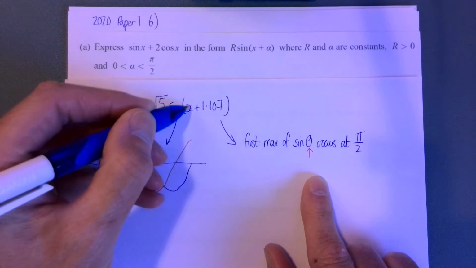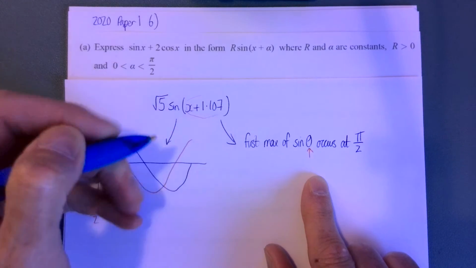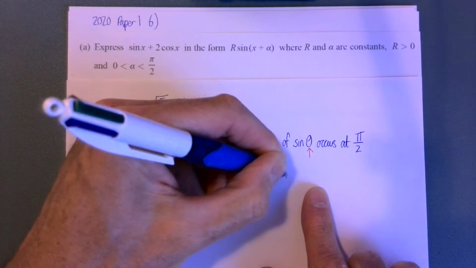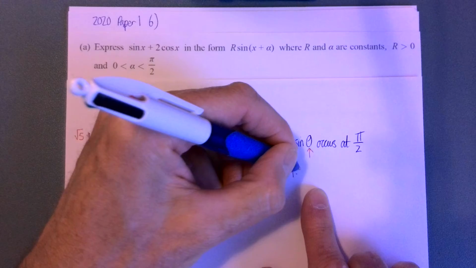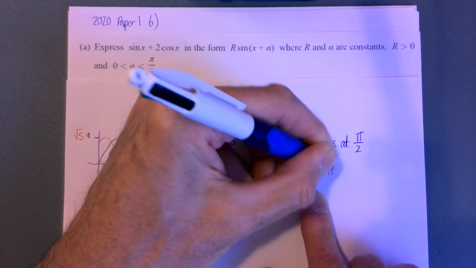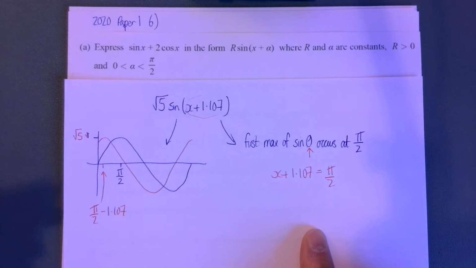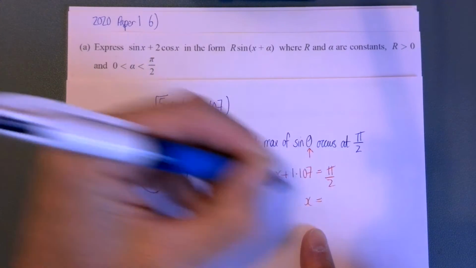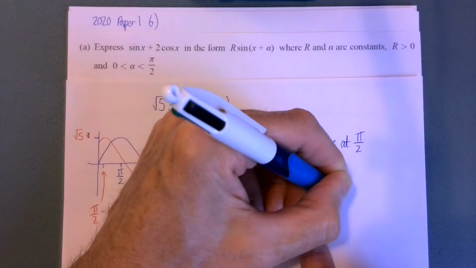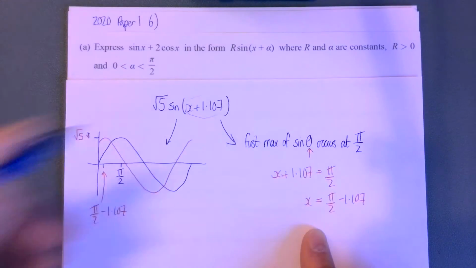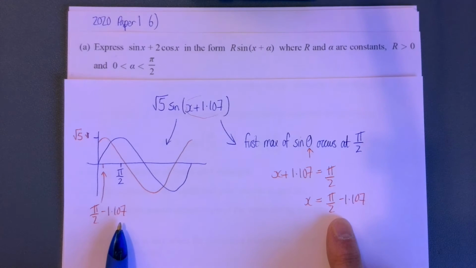So the first maximum will occur when all of this equals pi over 2. So that maximum occurs when x is... Now obviously that's really the same approach, right? That's not a different approach.